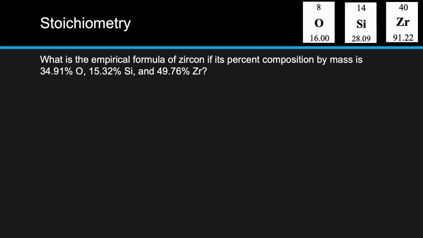All right, what is the empirical formula of zircon if its percent composition by mass is 34.91% oxygen, 15.32% silicon, and 49.76% zirconium?